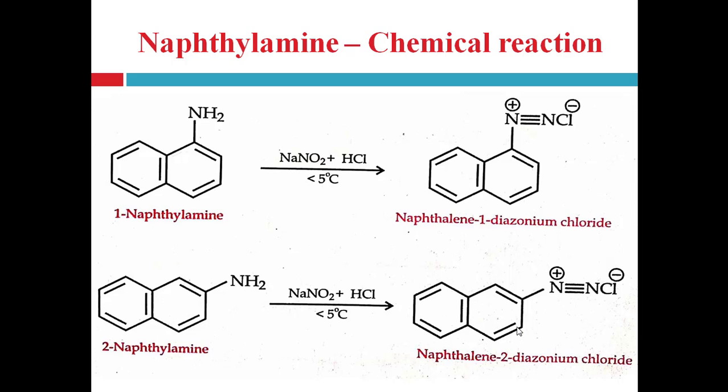Next reaction, when 1-naphthylamine or 2-naphthylamine is diazotized with sodium nitrite, that is NaNO2, in presence of hydrochloric acid at low temperature, in cold condition, that is less than 5 degrees Celsius, then it will yield naphthalene-1-diazonium chloride. And 2-naphthylamine produces the naphthalene-2-diazonium chloride.